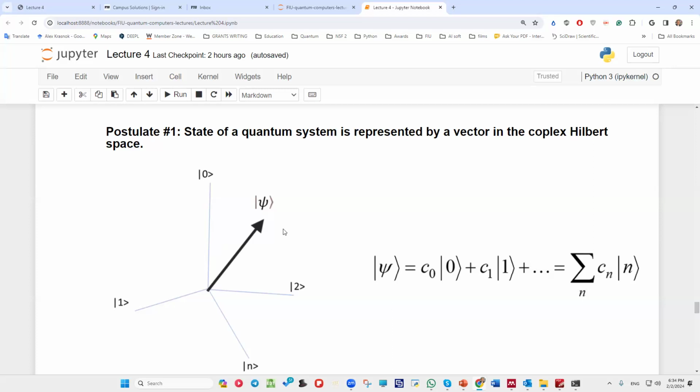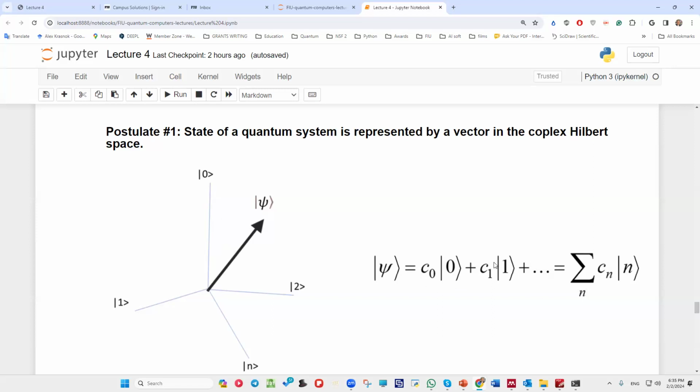And just like with your car, the state of a quantum computer is also a vector in a complex Hilbert space. In order to describe this vector, we introduce the basis. For example, if I introduce this basis like drawn here, all these vectors, these blue lines, states 0, 1, 2, 3, n, they are all orthogonal.